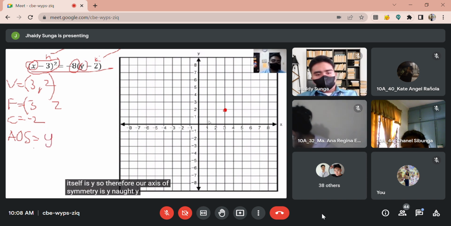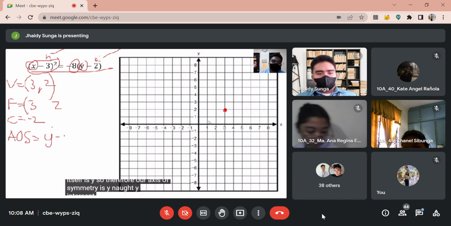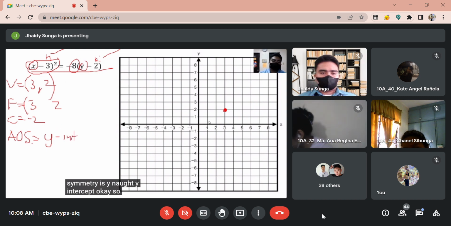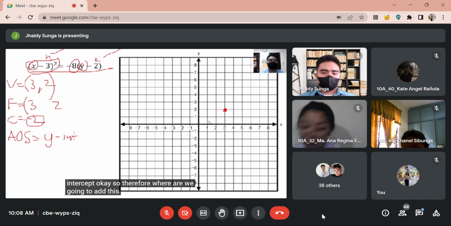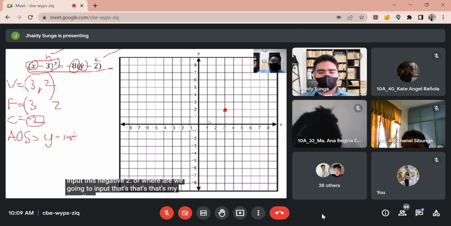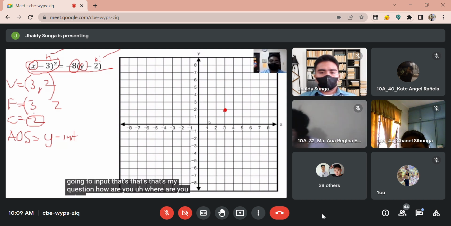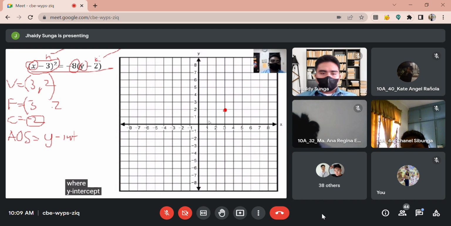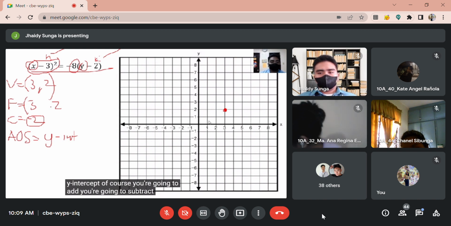So where are we going to input this negative 2? That's my question. We're going to input it at the y. Of course, you're going to add, and you're going to subtract.